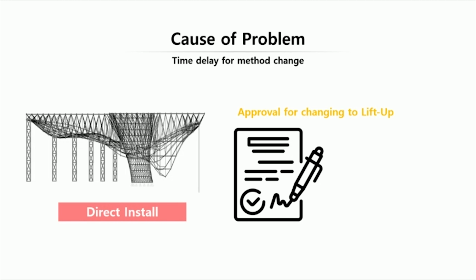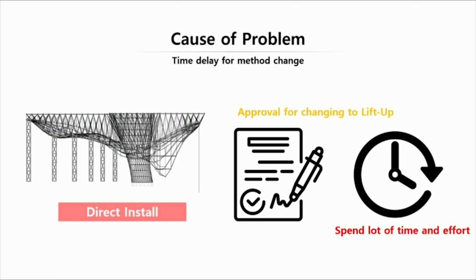So, a great deal of time and effort was spent to obtain approval from the ordering party and the advisory committee to change to the lift-up method. As a result, construction time was wasted and construction had to be done urgently.